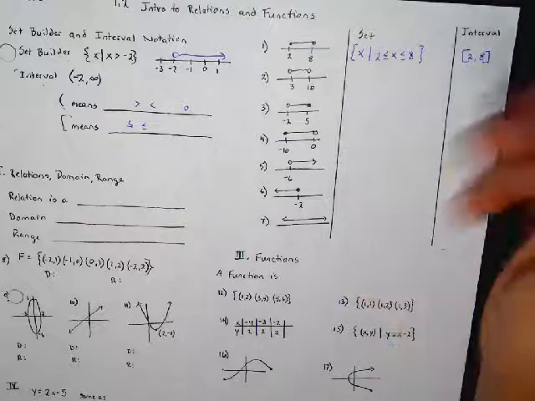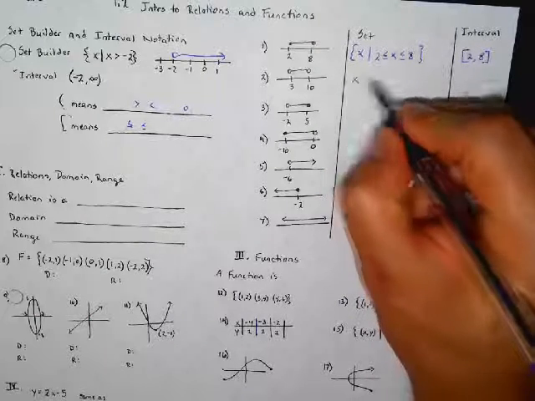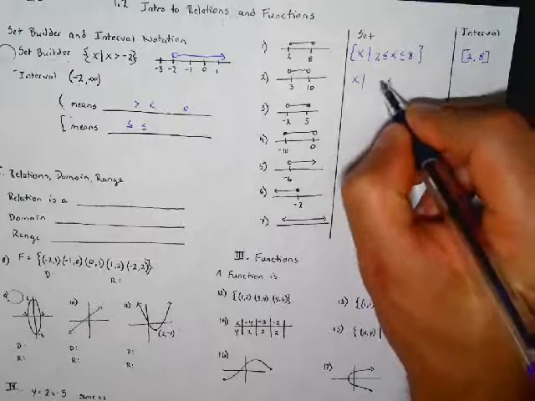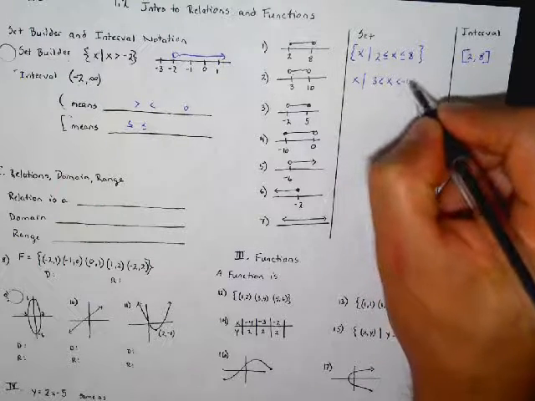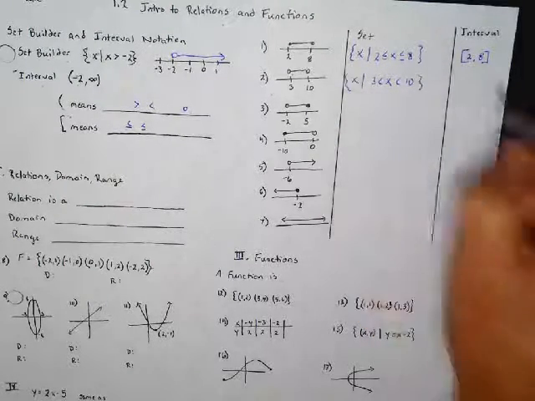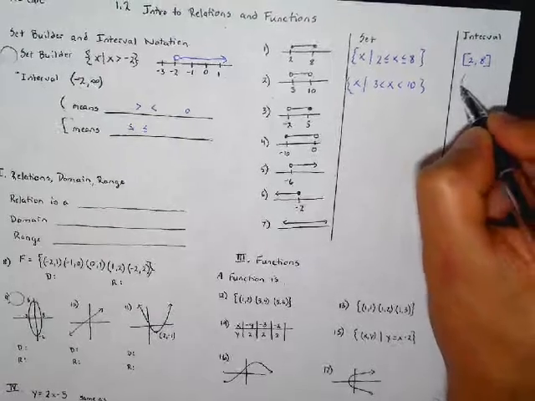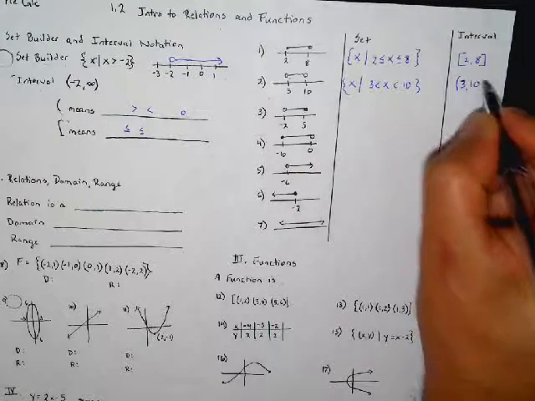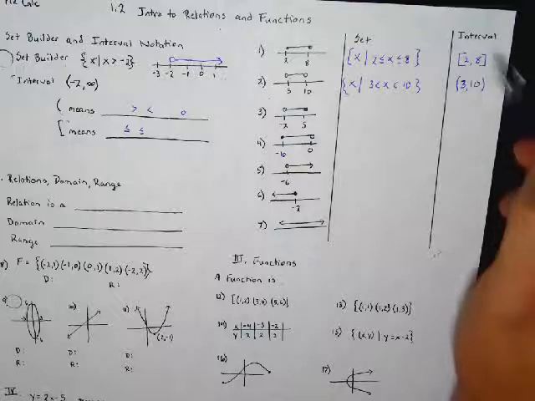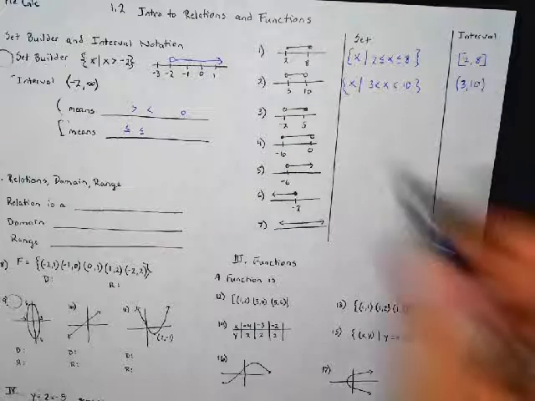Okay, now these are open circles, not or equal to, so we have x such that x is greater than 3, x is less than 10. And since it's not or equal to, we're going to put the parentheses instead of the brackets between 3 and 10. We're going to use this interval notation a lot more because it's a lot easier to write.